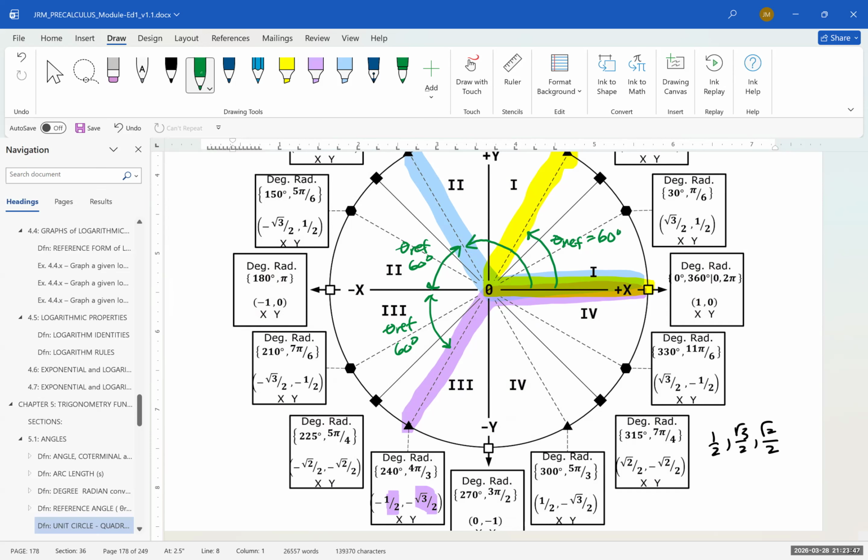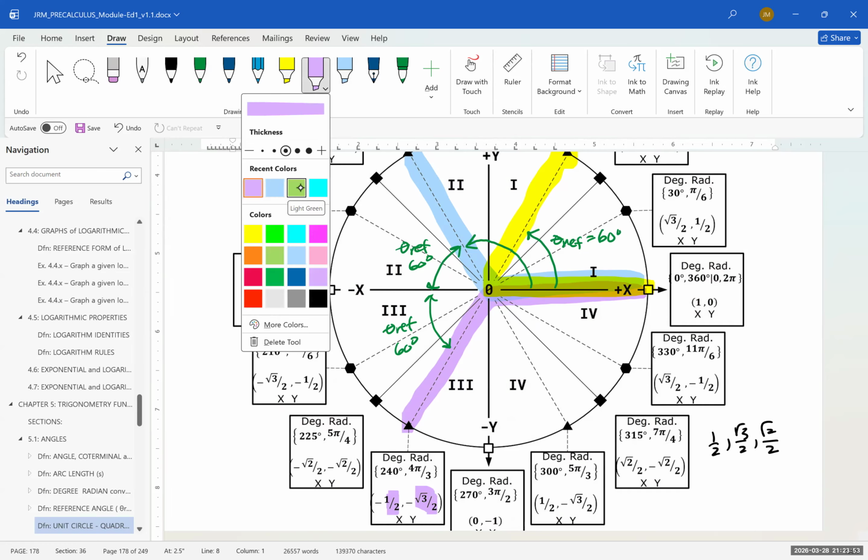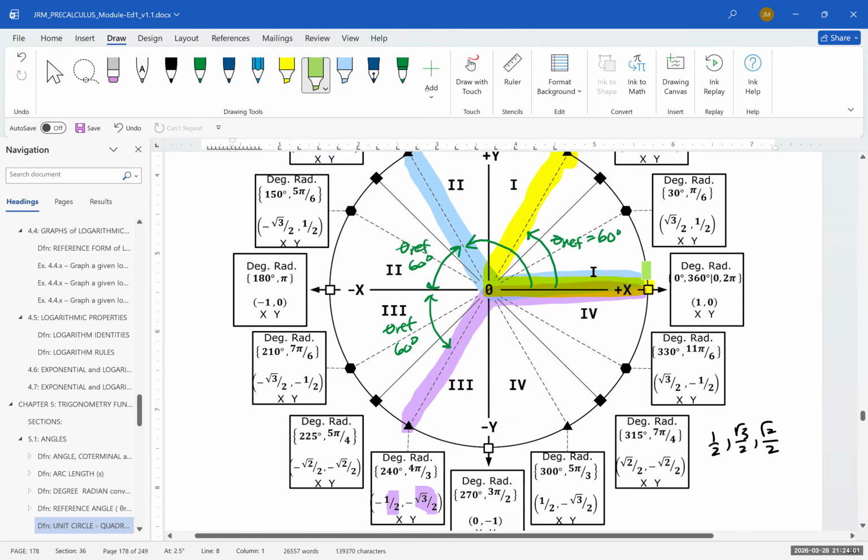And if we go one step more, let me go ahead and change this to green. That should be fine. So if we come along here on the initial side and we come down, you can see we have an x value of 1/2 and a y value of square root of 3 over 2.